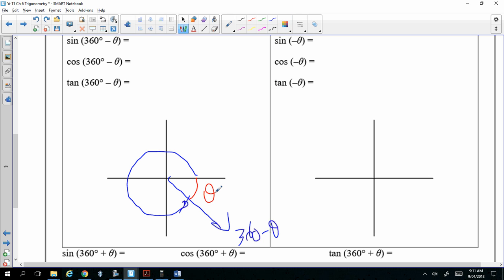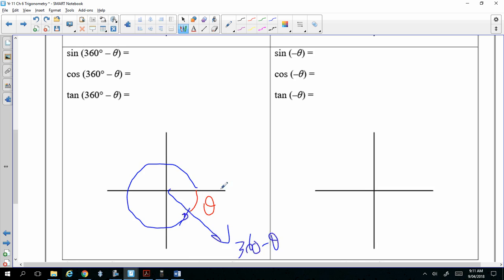So you will see that's in the fourth quadrant. Sine is negative, tan is negative, but cos is positive. So write negative sine theta, negative tan theta, and cos theta. Okay.